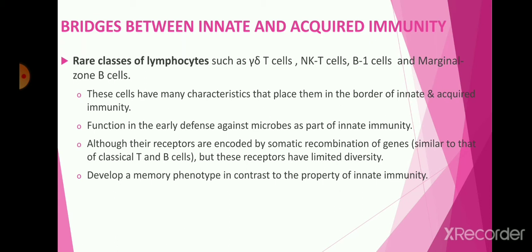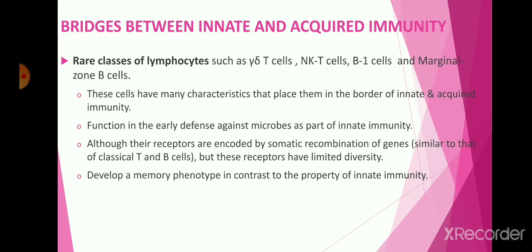Basically, they function in the early defense against microbes as a part of innate immunity. We know that innate immunity is the first line of defense, so these cells defend against microorganisms that invade the body of the organism in early defense.